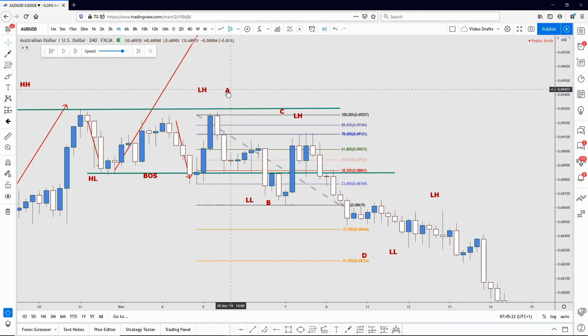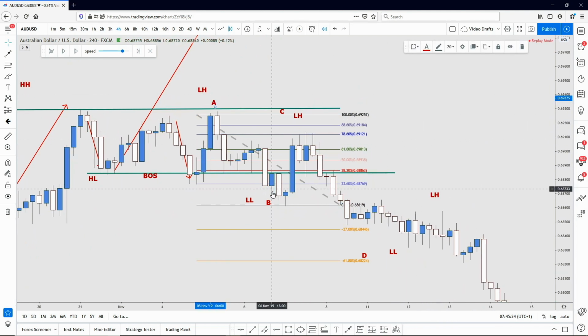So you can see point A was our starting point. This was point B. So we had this downward motion. We did have this little bit of retracement here, but because it moved fairly quickly, I just put point B here, and we're measuring Fibonacci from point A to point B.